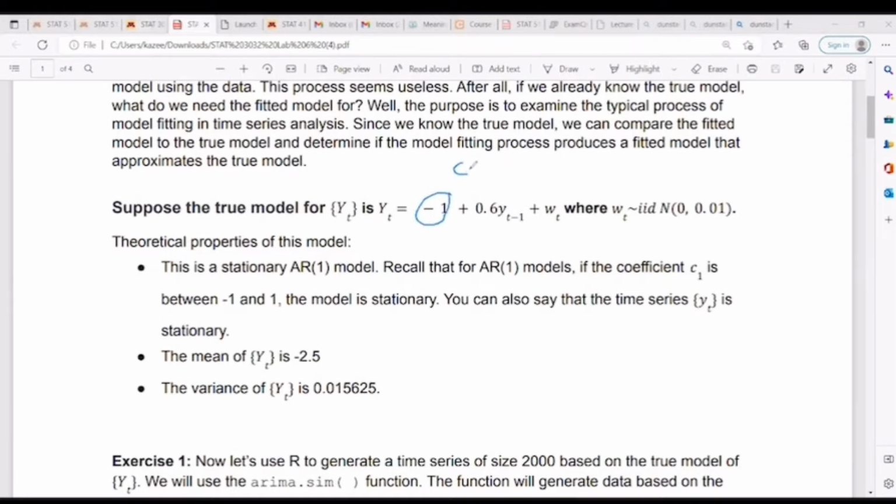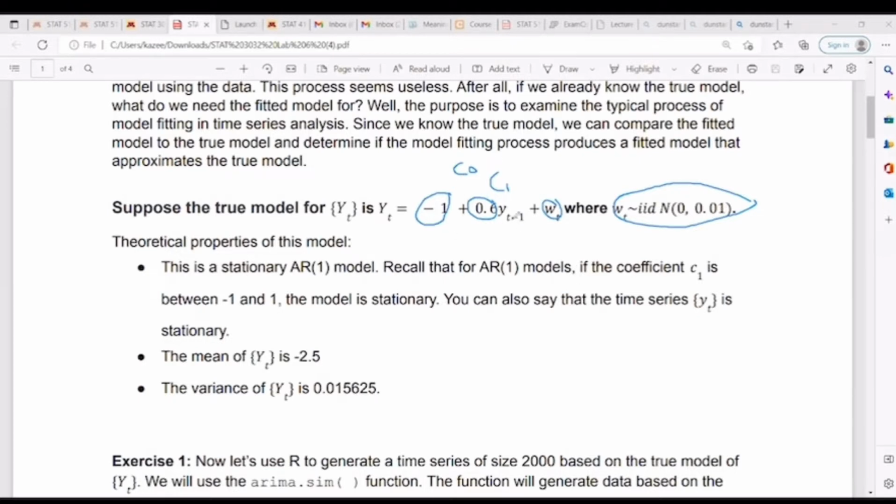Our c_0 is equal to 1 minus 1, and our c_1 is actually 0.6. And of course, the W_t, don't forget, I call that the noise. The specification here is that the W_t noise follows a normal distribution with mean zero and variance 0.01. So take a look at this model now.